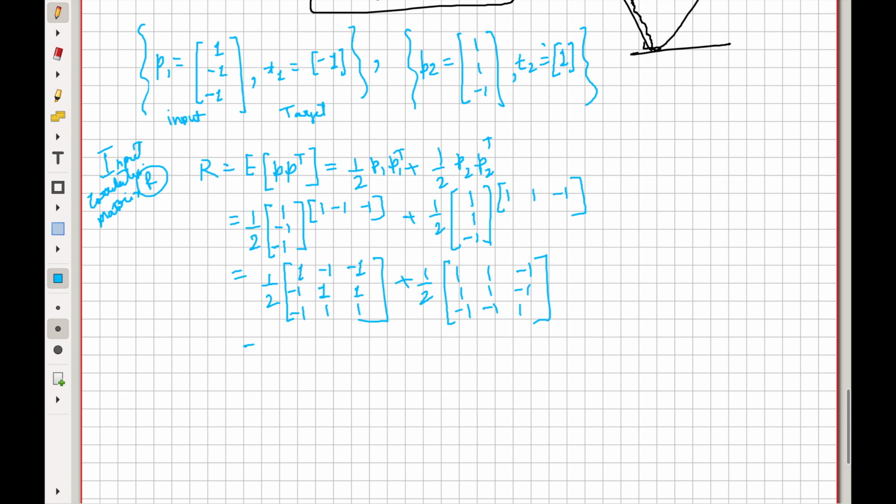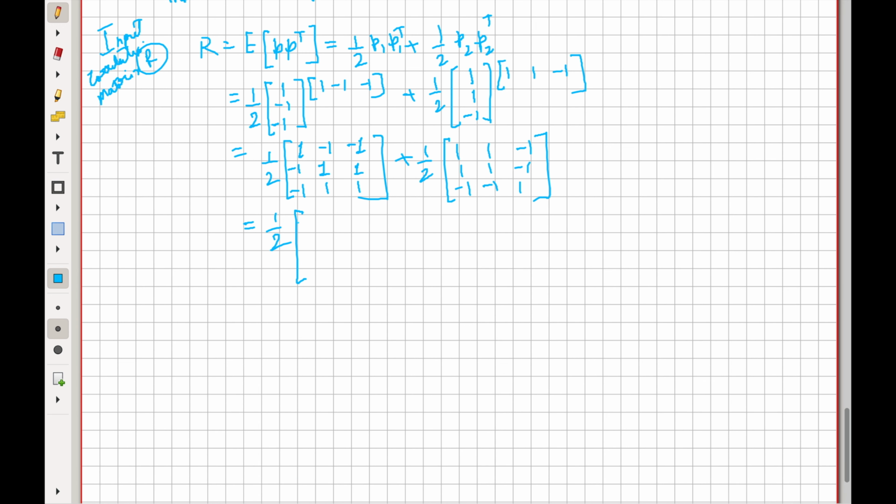Now we just take this 1/2 out and add these two. So 1 plus 1 is 2, -1 plus 1 is 0, -1 -1 is -2, this is 0, this is 2, this is 0, this is -2, this is 0, and this is 2.